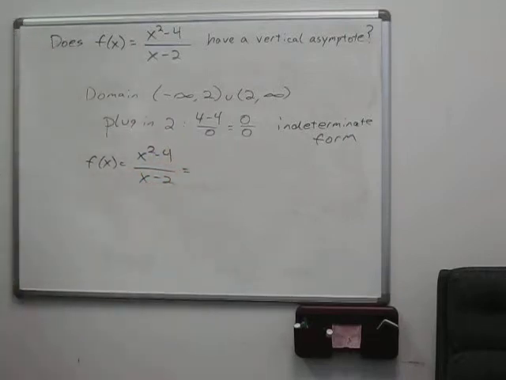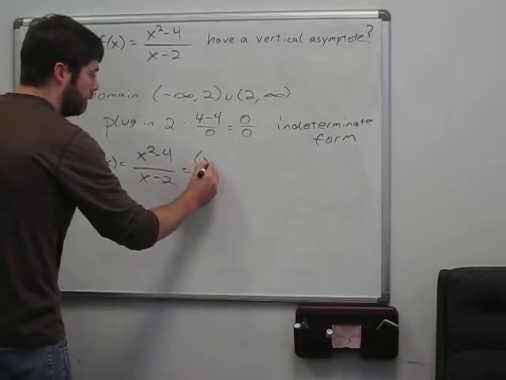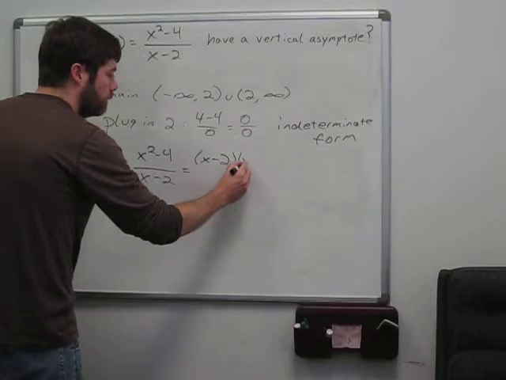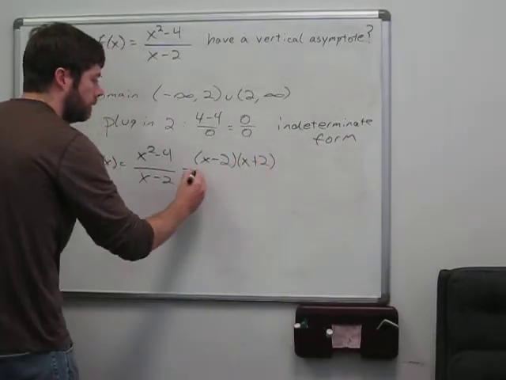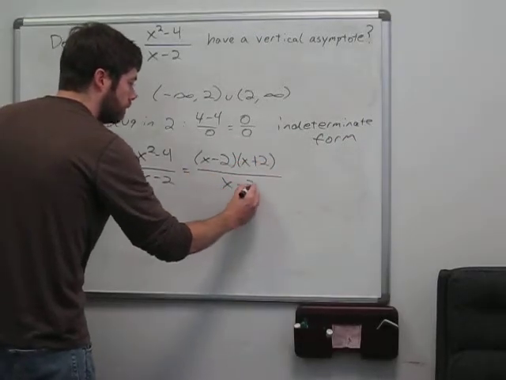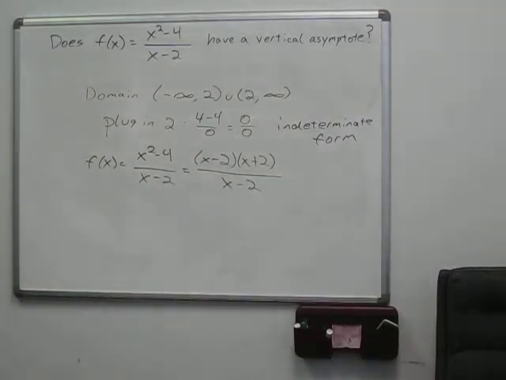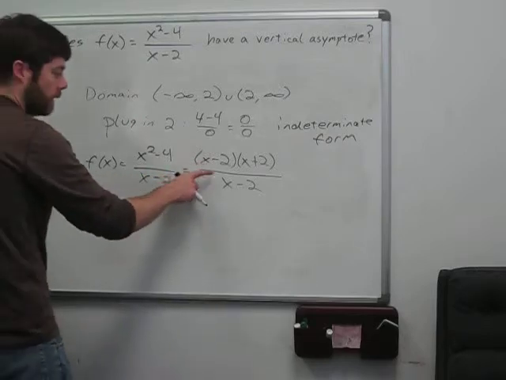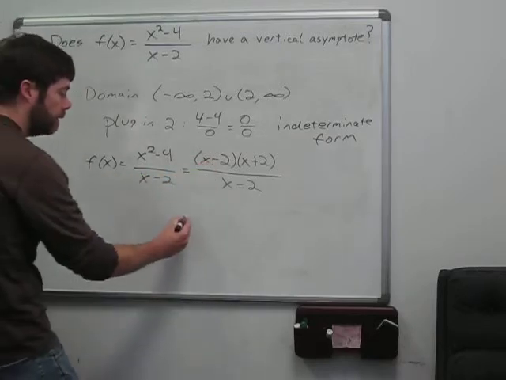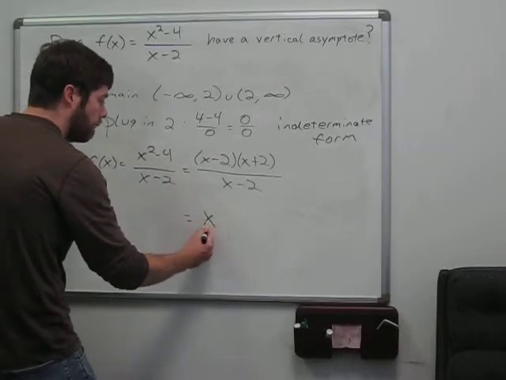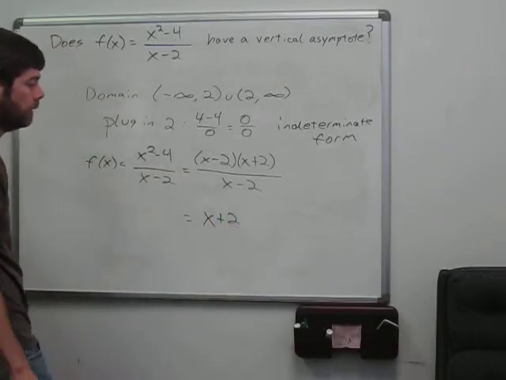The numerator, x squared minus 4, is a difference of squares. It factors as x minus 2 times x plus 2. And so when we look at this fraction, we notice that x minus 2 is a factor of the top and the bottom, and therefore it will cancel.